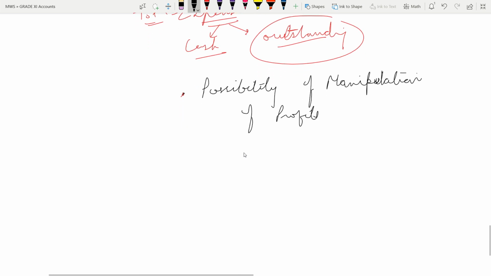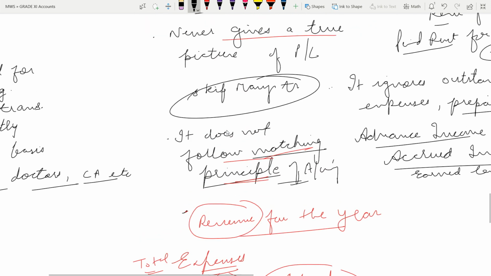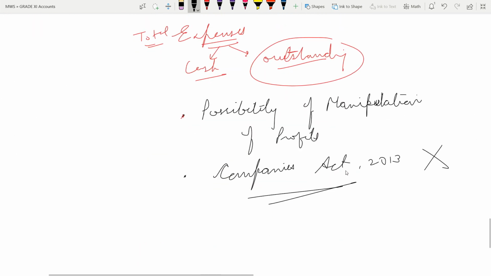After this, one more important point: Companies Act 2013 does not recognize this cash basis of accounting. The Companies Act 2013 says that there is no existence of cash basis of accounting, as it is not the real basis of accounting.